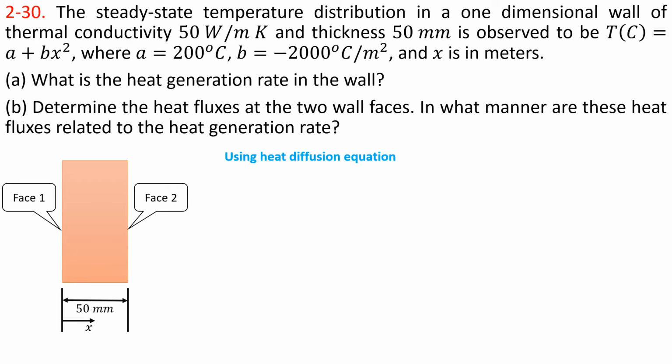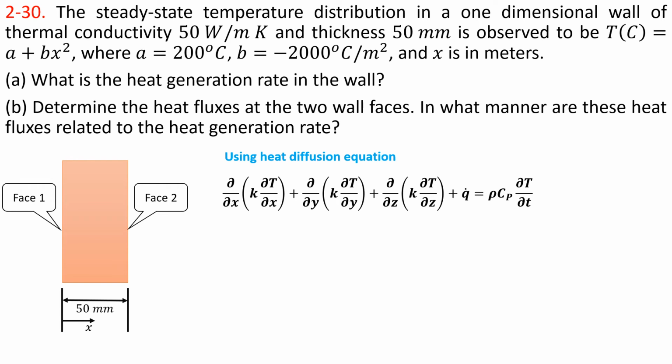Using the heat diffusion equation, del over del x of k del T over del x plus del over del y of k del T over del y plus del over del z of k del T over del z plus q dot is equal to rho cp del T over del t, where k is the thermal conductivity, q dot is the internal heat generation, rho is the density, cp is the specific heat.